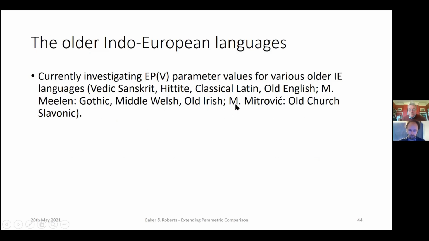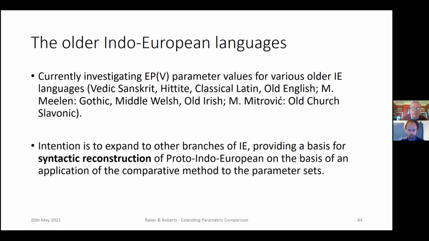And Moreno Mitrović has promised to give us the data on Old Church Slavonic. We have actually an application to expand the method to the other branches of Indo-European, including the more difficult ones such as Tocharian and Classical Armenian, and then essentially try to use this as a basis for syntactic reconstruction of Proto-Indo-European. So maybe we'll be reporting on that at DIGS next year. I hope so.